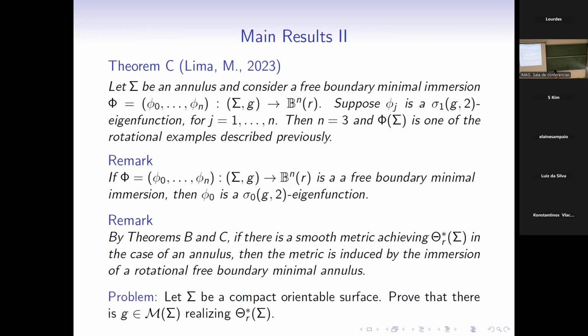And you are probably thinking, it makes sense to ask about the existence of the maximizing metric in general. And you might also be thinking whether our condition here on the first eigenvalue for the Laplacian with the Dirichlet boundary condition might cause an issue, that you might get out of your space when you try to maximize.